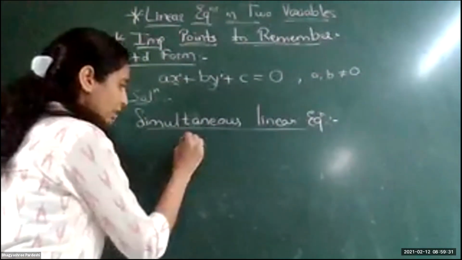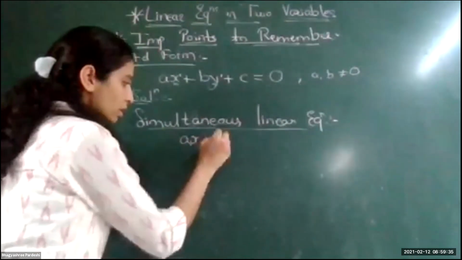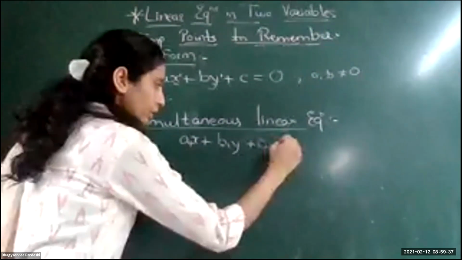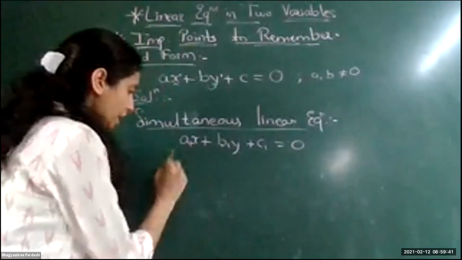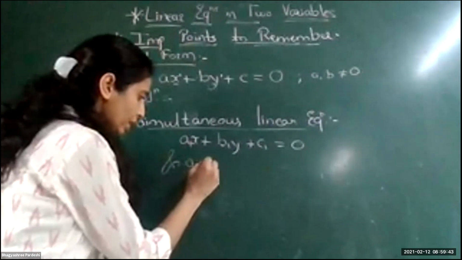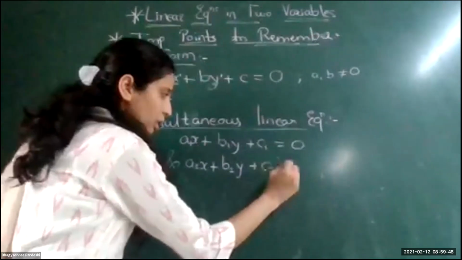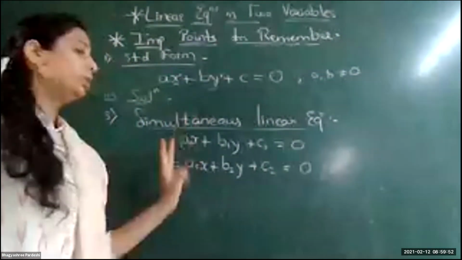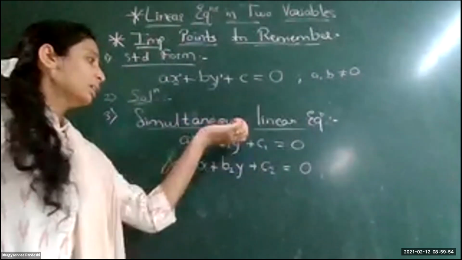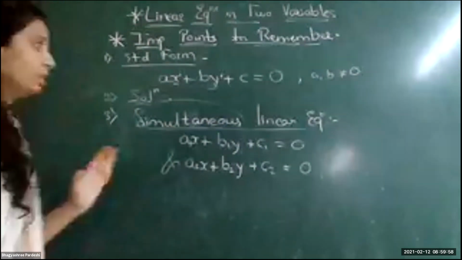For example, a1x plus b1y plus c1 equals 0 is one linear equation. Again, I'm writing one more, a2x plus b2y plus c2 equals 0. How many linear equations do we have here? Two. Together these two are called simultaneous.